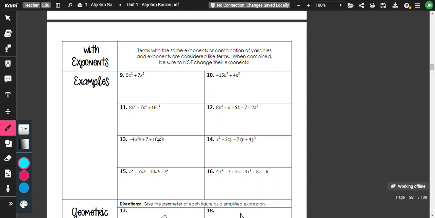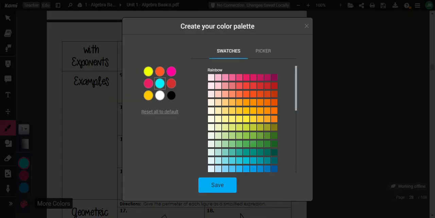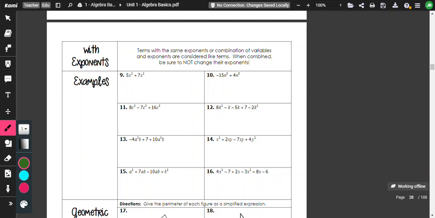So let's look at number 9, and I'll write this one right on the page for you. Let's do it in green. We have 5x squared plus 7x squared. Well, how many x squareds do we have? Well, we have 5 here and 7 here. So altogether we have 12 x squareds.